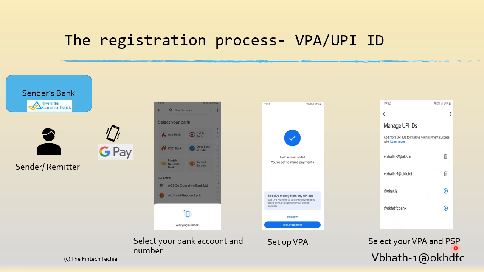So in this case, GPay has teamed up with these four partners. I chose HDFC as the gateway or the PSP for my bank account number, which is in Canara Bank. So although I have a Canara Bank account number, the VPA which I get is vh1@okhdfc because HDFC is the chosen PSP for me from GPay.